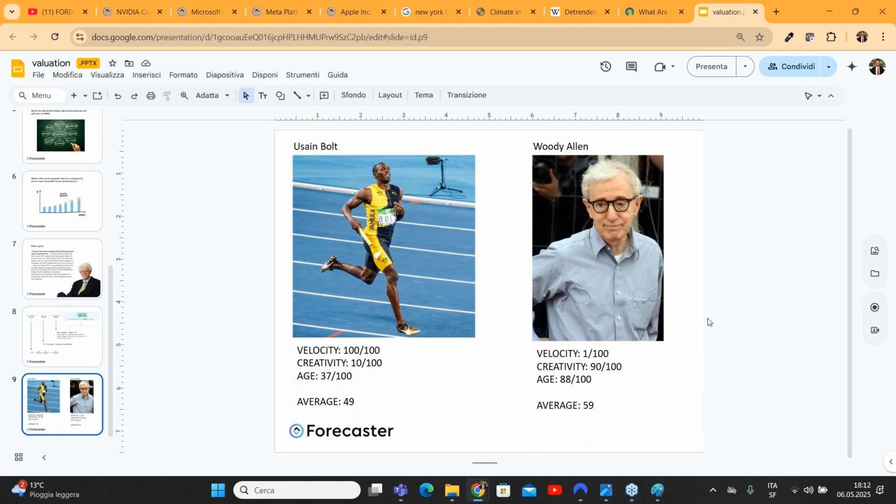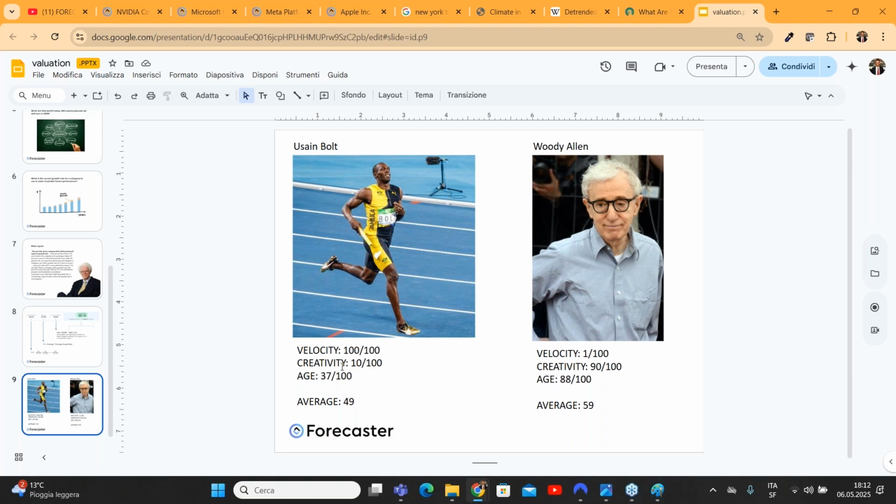So this is why we use different methods, because of course we are approaching many companies inside Forecaster, and if we use only one method, maybe we evaluate Woody Allen with something that doesn't fit him. In this case, for example, we evaluated Usain Bolt 100 on 100 regarding velocity, 10 on 100 regarding creativity.